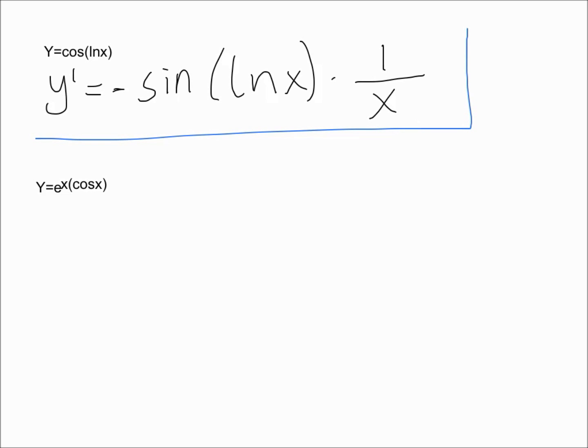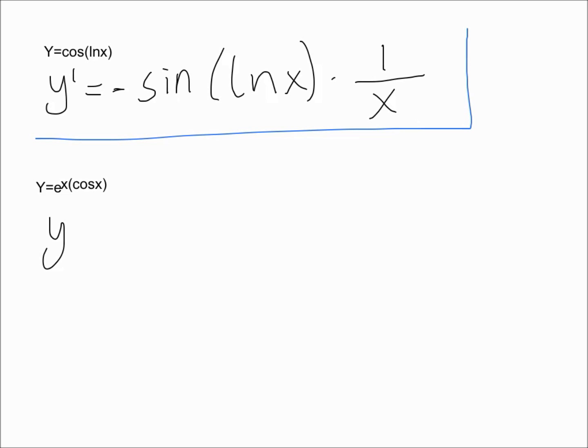The second problem gets a little bit more complicated. We have that our function is y is equal to e to the x times cosine x, so x times cosine x is the whole superscript.